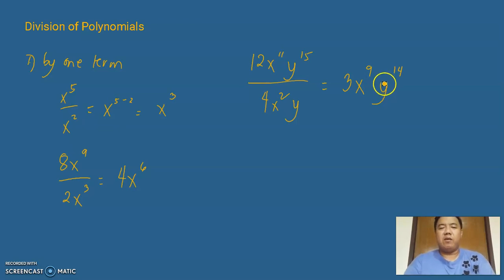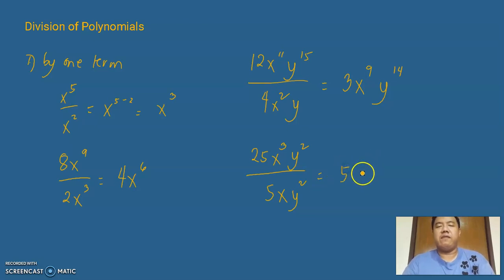Okay, so what if I have here 25 x raised to 3 y raised to 2 all over 5x y raised to 2. So the 25 divided by 5, 5. Very good. So x raised to 3 divided by x squared.